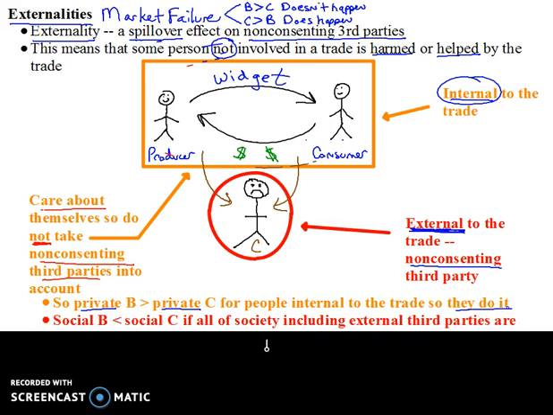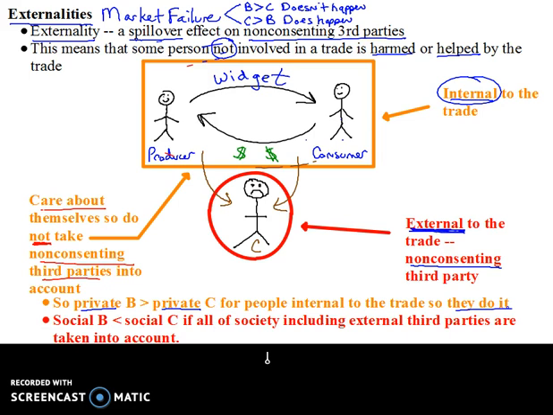However, if we took into account everybody in society, which in this little three-person society, that means that we would now take this guy into account. If we took into account everybody in society, then it may be that when we add these costs in, the cost for society is actually greater than the benefits. Okay?